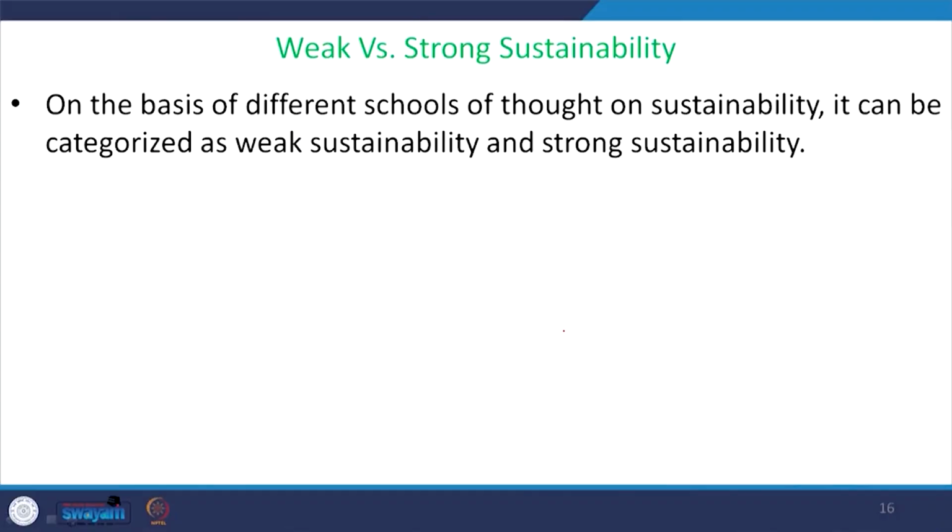The first one is weak sustainability and the second one is strong sustainability. What is weak sustainability and what is strong sustainability? What is the basis of this categorization? Again, it is based on different schools of thought on the concept of sustainability itself.